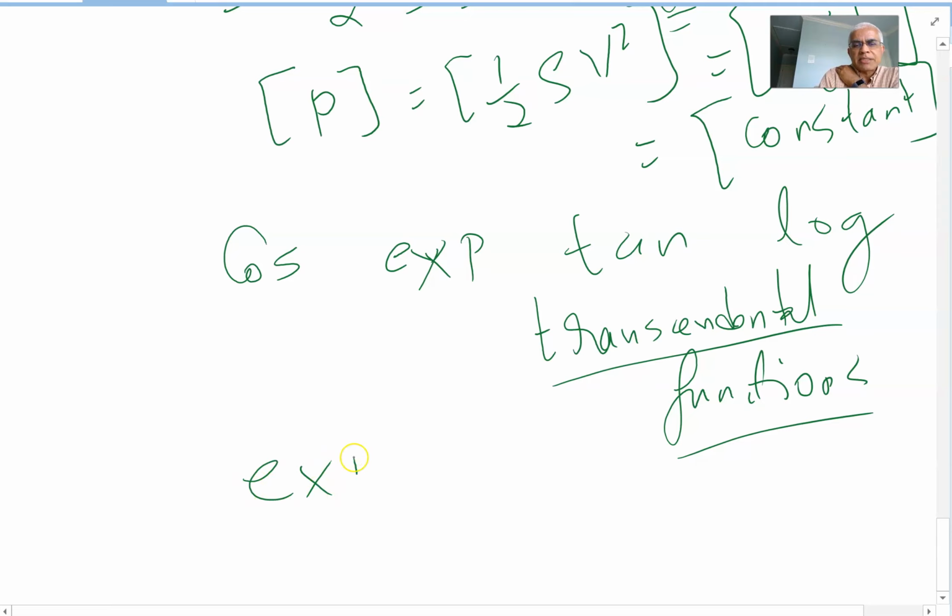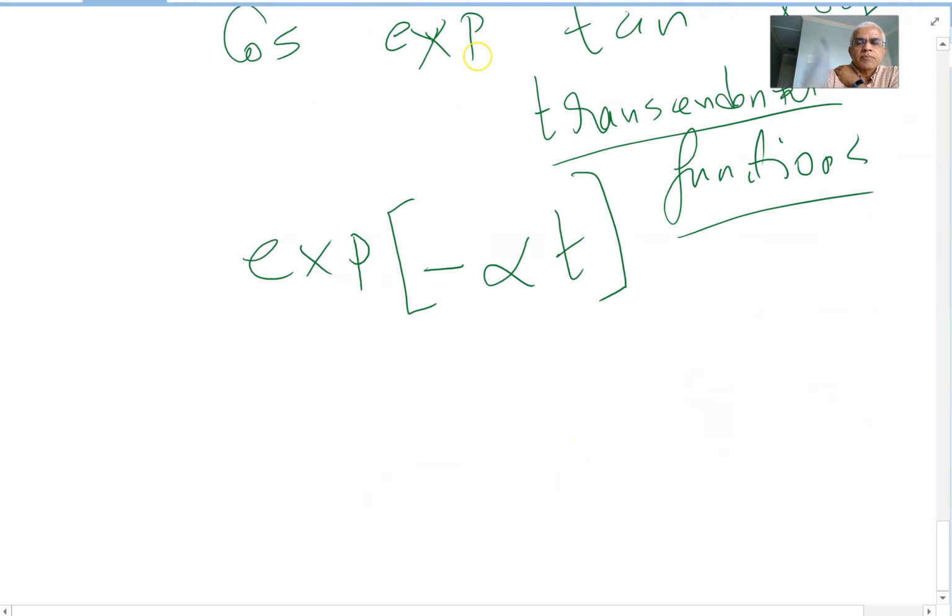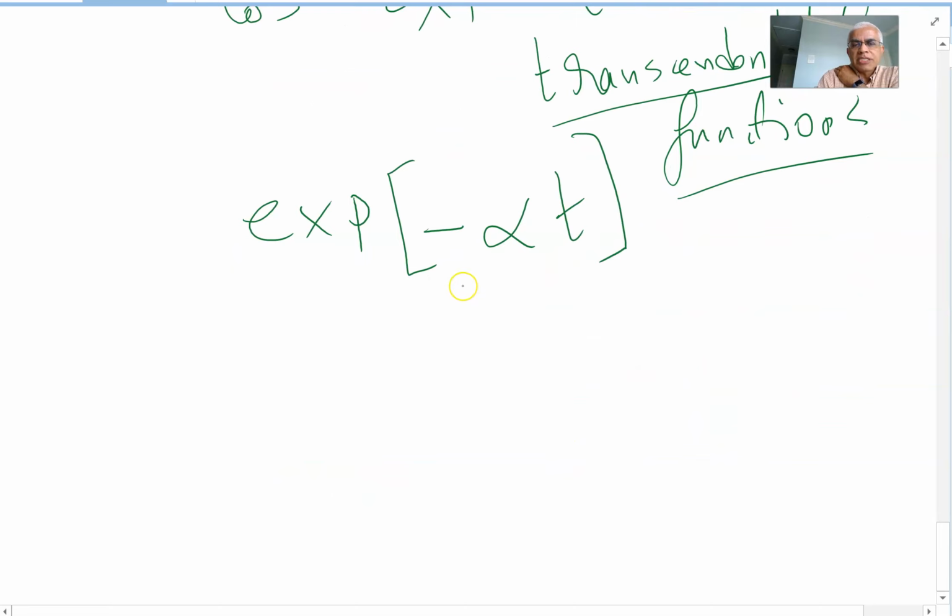So suppose I have an expression exponential of minus alpha times t. What this principle of dimensional consistency tells us is this alpha t should have no dimensions. So alpha t should be a dimensionless quantity, right?